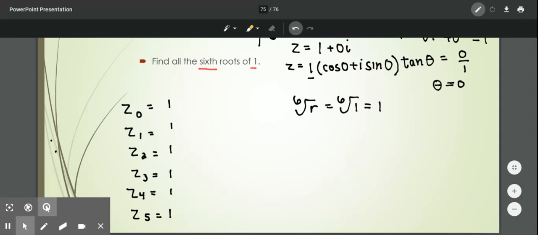And then we have to figure out the theta. So remember, to find theta, we have to take our theta and divide it by 6. In this case, our theta is 0. So 0 divided by 6 is 0. So our first one is just going to be the same thing that we wrote before.